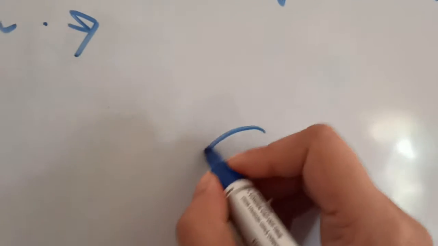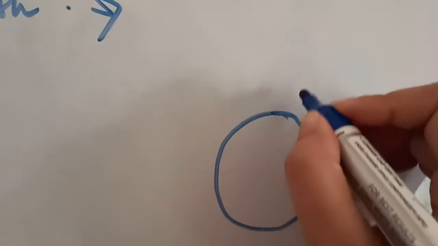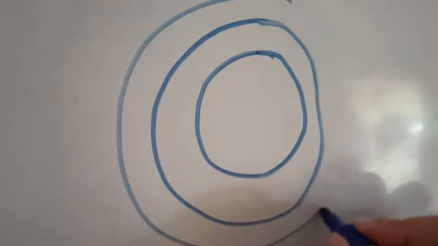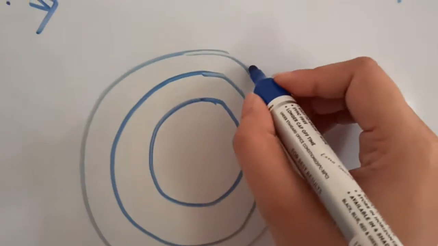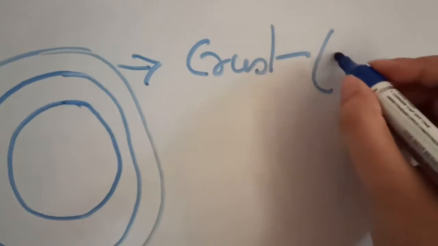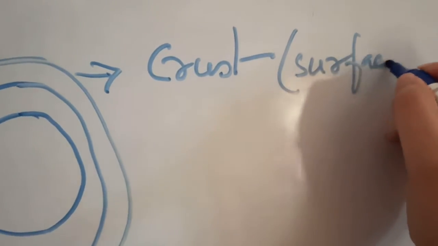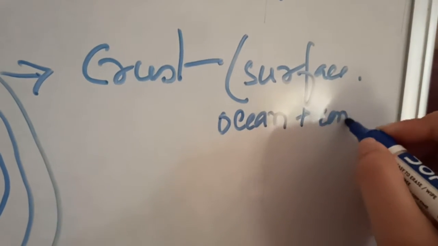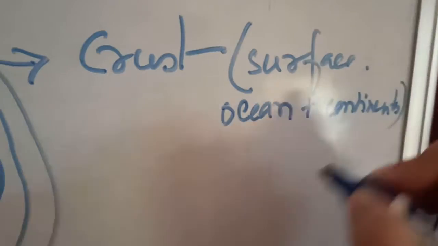The total earth is divided into three layers. The first layer we call the crust, which is the surface layer on which our oceans and continents are present.